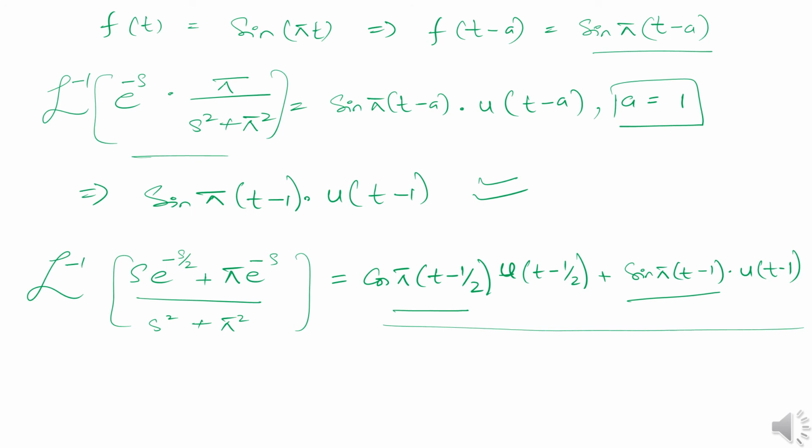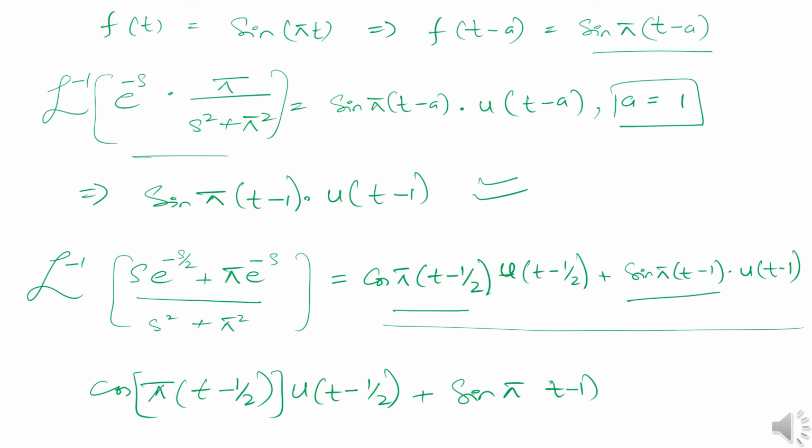This is the final answer, that is cos pi multiplied by t minus half into unit step function of t minus half plus sine pi of t minus 1, and that is multiplied by the unit step of t minus 1.